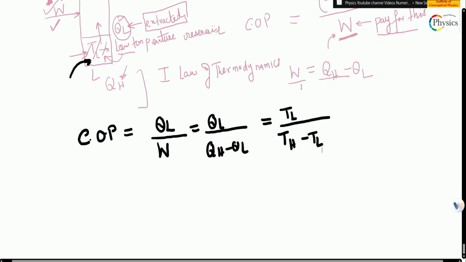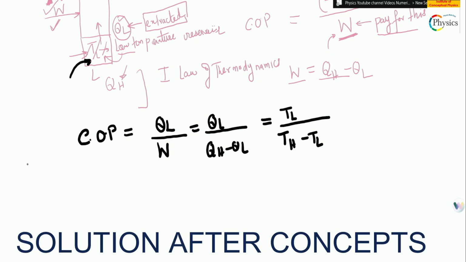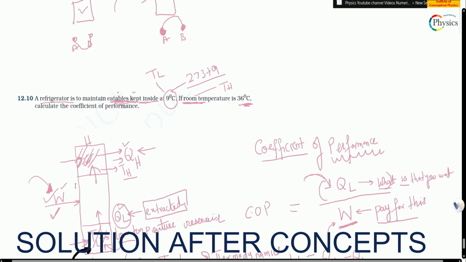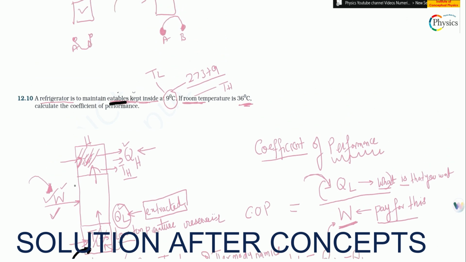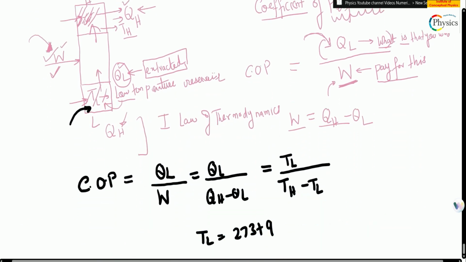If you go to your numerical, let's see what all is given. You're given TL, always convert it into Kelvin, right? So your TL in the numerical is 273 plus 9. Remember, the low temperature is given like this. It's given in a refrigerator, kept inside 9 degrees. The lower reservoir is inside the refrigerator, 9 degrees. So 273 plus 9.